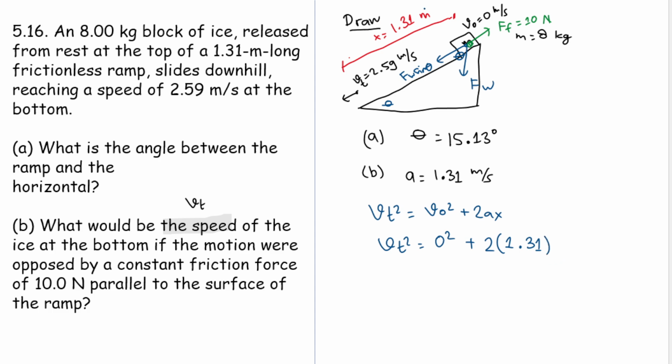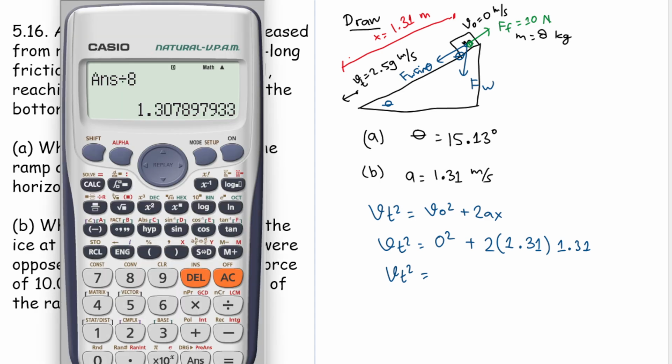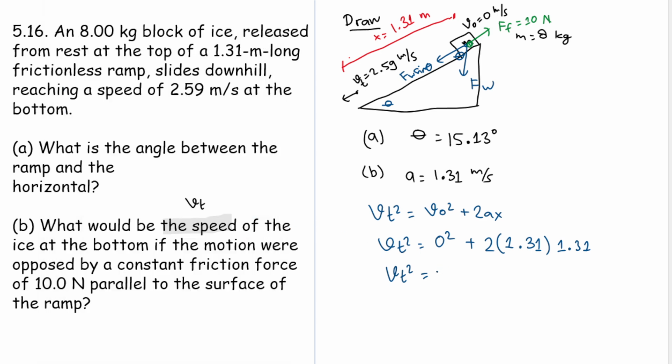And what is x? 1.31. Oh, nice coincidence. So Vt squared equals 2 times 1.31 times 1.31, which is 3.4322.